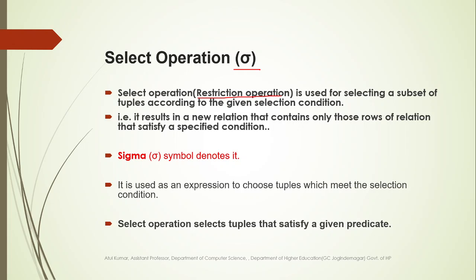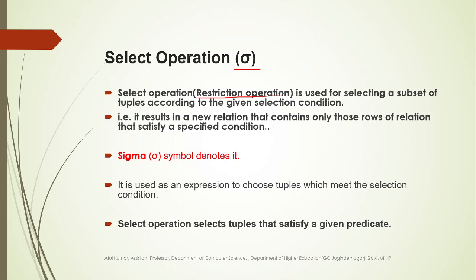In this kind of operation there is a condition, and based on the condition we select a number of rows, which are a subset of the total rows present in the relation. So this results in a new relation that contains only those rows of the relation that satisfy a specified condition.